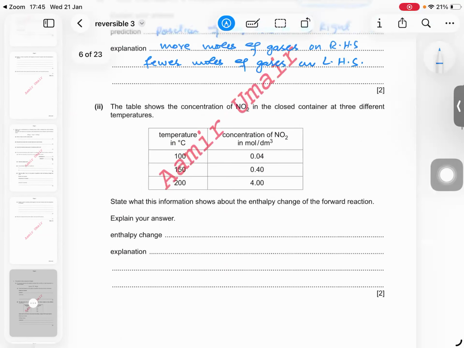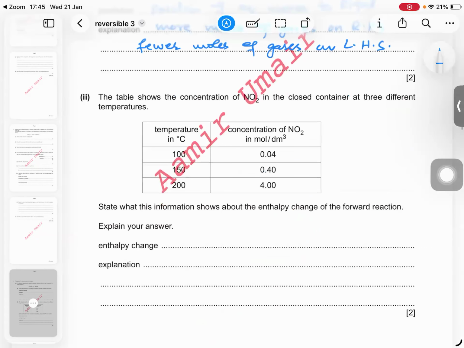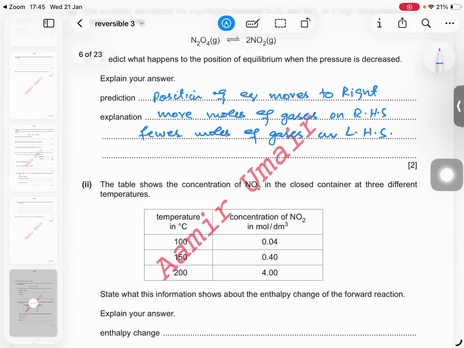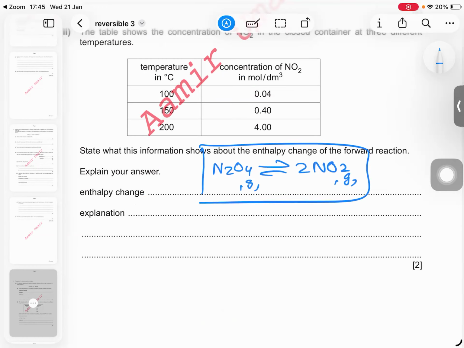Next, again 30 seconds. The table shows the concentration of NO2 in a closed container at 3 different temperatures. I'm going to write the equation again: N2O4 and 2NO2. In a closed container at 3 different temperatures, let's say 100, 150, and 200.